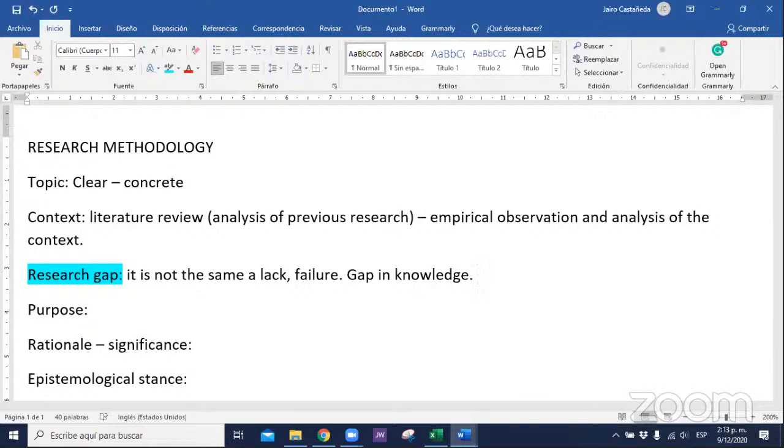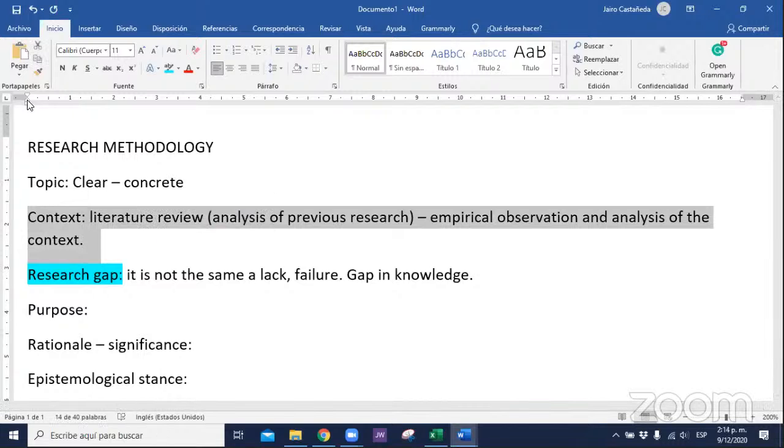What is going to be the research gap? The research gap emerges from this contextualization, from this first analysis of the literature, and from this first analysis of the empirical or real context where you are going to do your research, okay? That must be very clear.